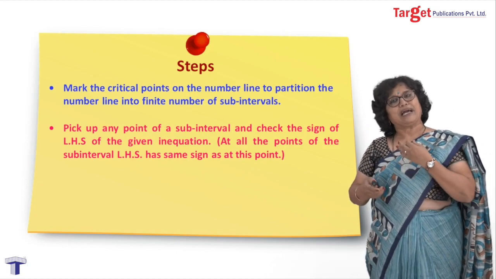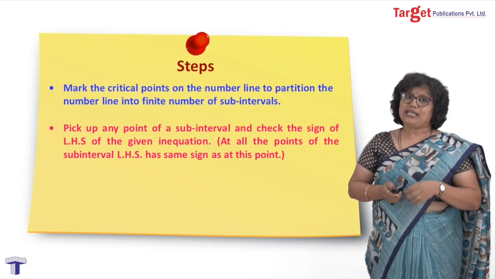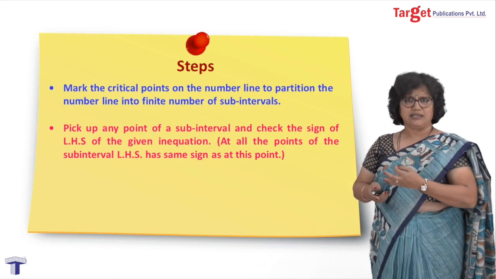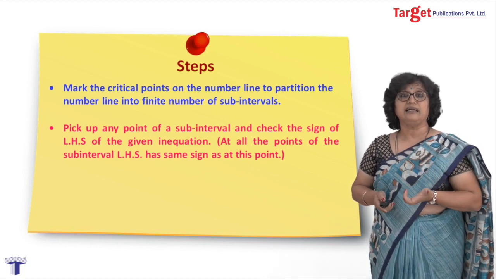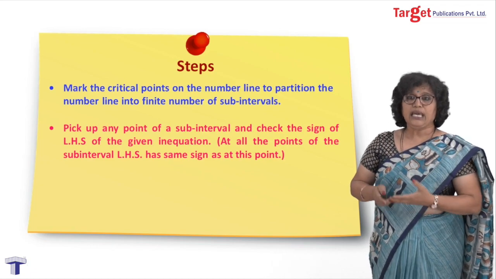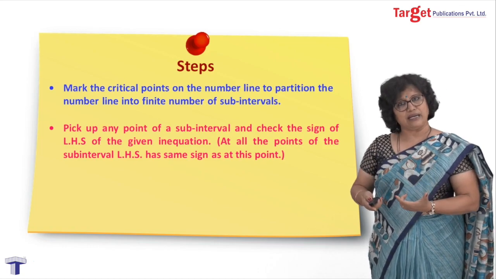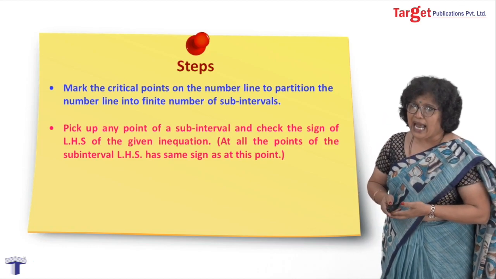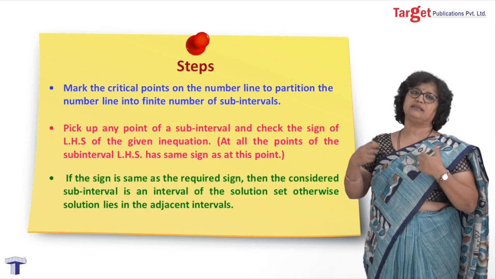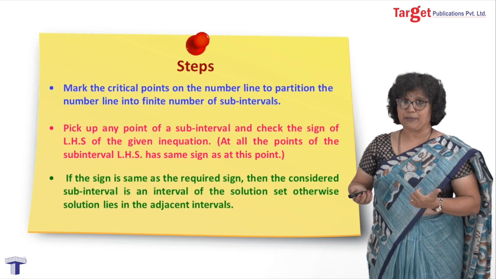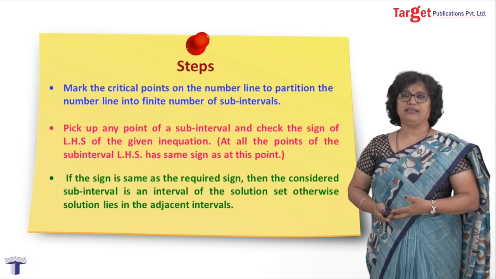Substitute it, exactly as I did just now, and check whether the required sign is maintained. If the required sign is maintained, that interval participates in the solution set. If we do not find the same sign, the neighboring interval will participate. These are the steps on which we will apply the method of intervals.